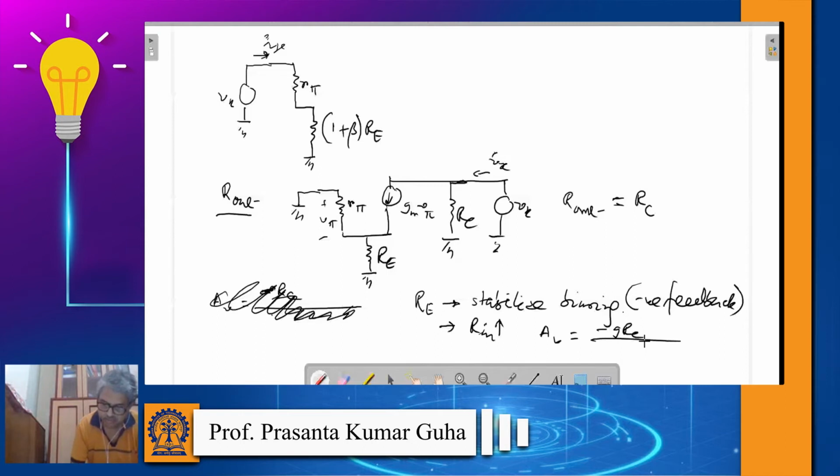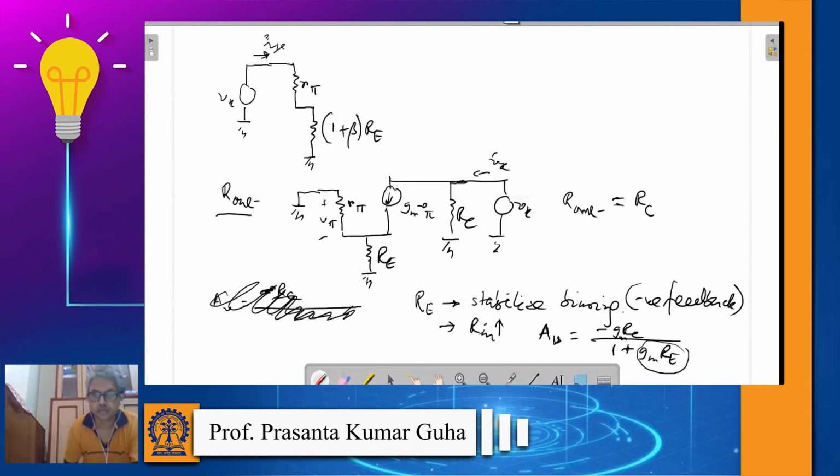Because of this inclusion of this RE, the gain reduces. The voltage gain of this circuit reduces by this factor, right? Is there anyone have any queries?